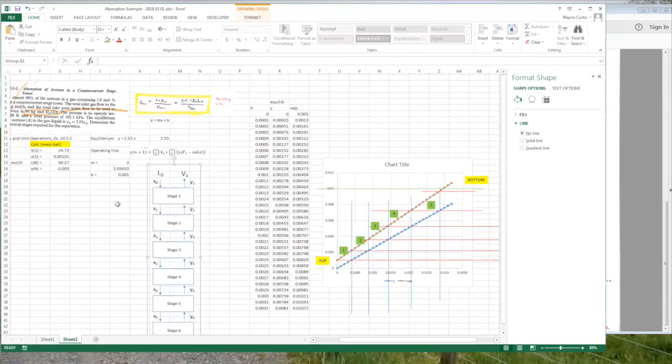If I wanted to calculate what this represents, this is Y1, and that Y1 is therefore in equilibrium with this X1 right here.